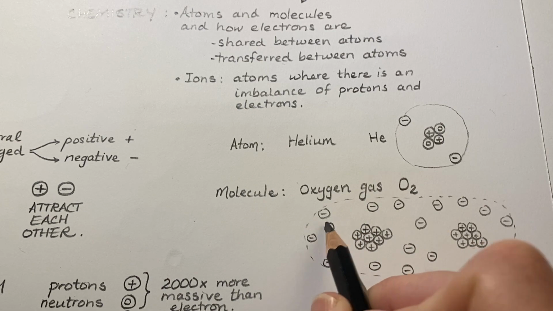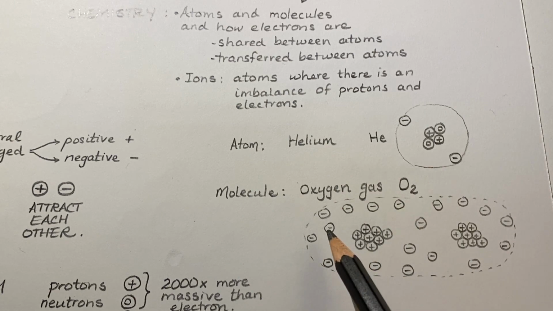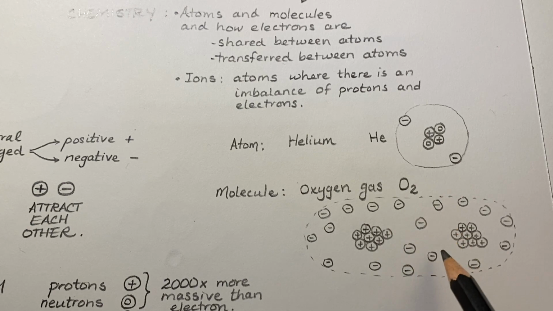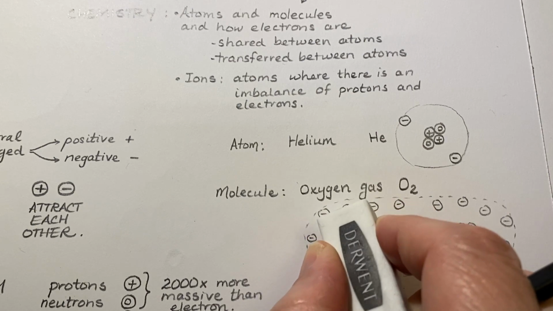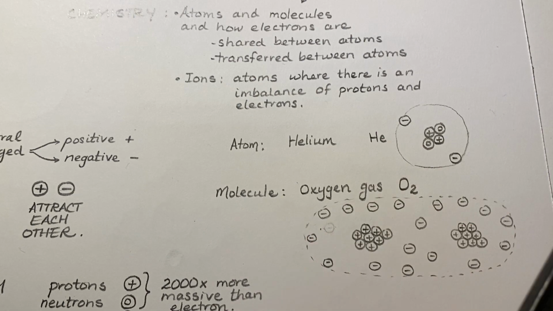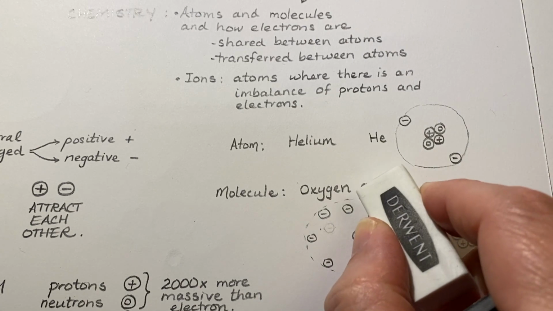Now, I have no idea how many electrons I've drawn at this point. 1, 2, 3, 4, 5, 6, 7, 8, 9, 10, 13, 14, 15, 16. Oh, did I make too many? Maybe I made too many. So, let's remove a couple of these. I got too excited drawing these electrons. Maybe I'll just remove one from here.